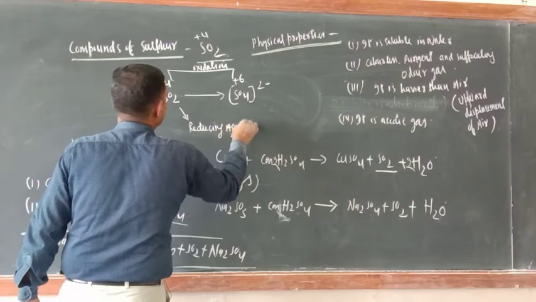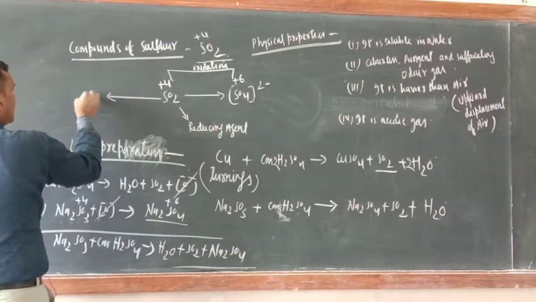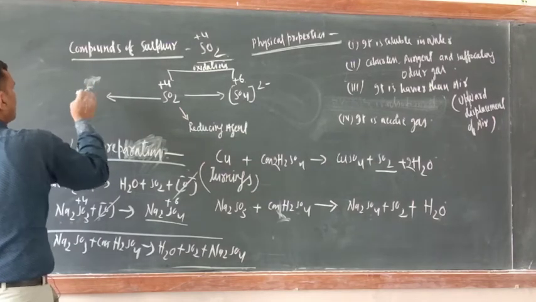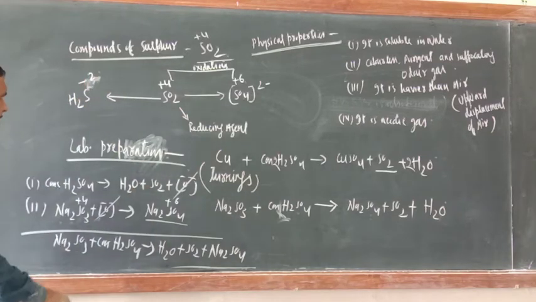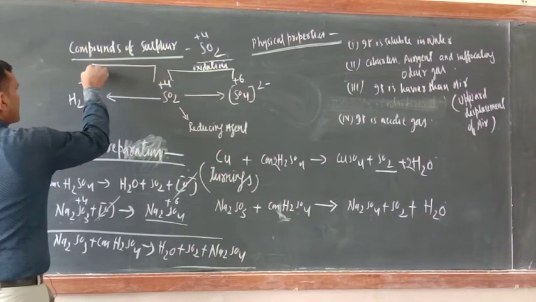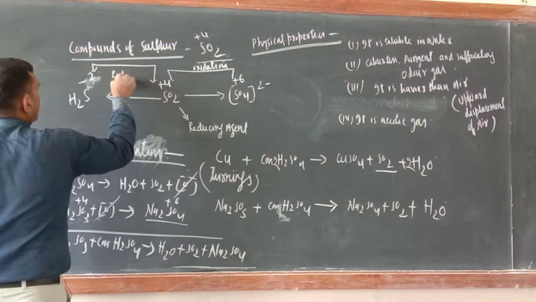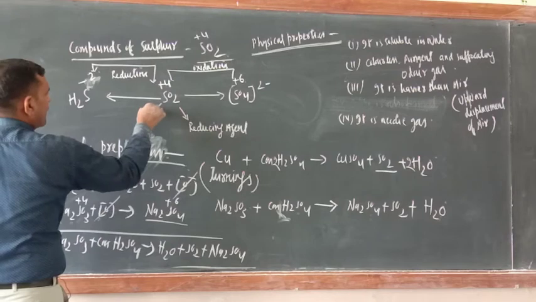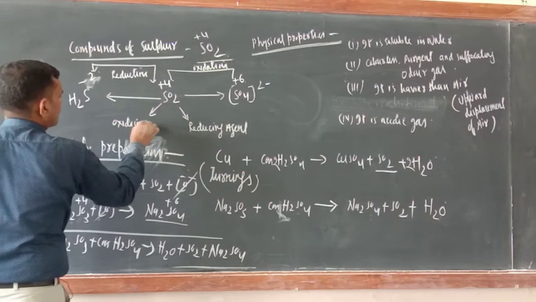Now SO2 can be converted into S2 negative also. Just see, there is one compound H2S. What is the oxidation state of sulfur here? -2. So +4 to -2, it is undergoing reduction. Since it is undergoing reduction, it is an oxidizing agent also.